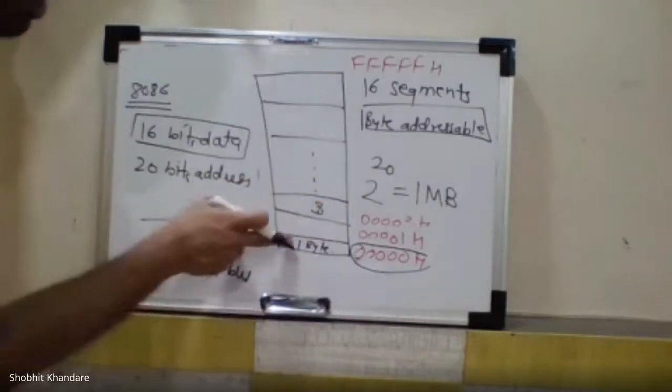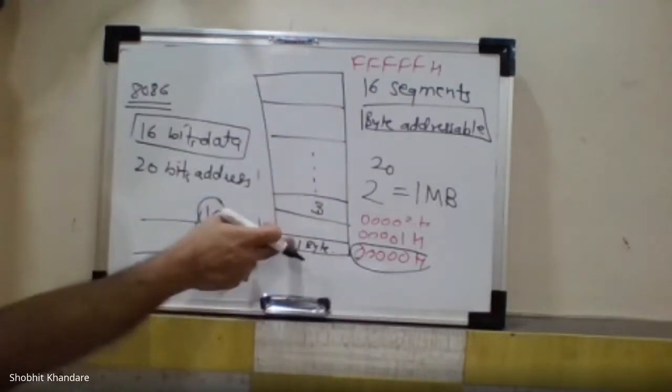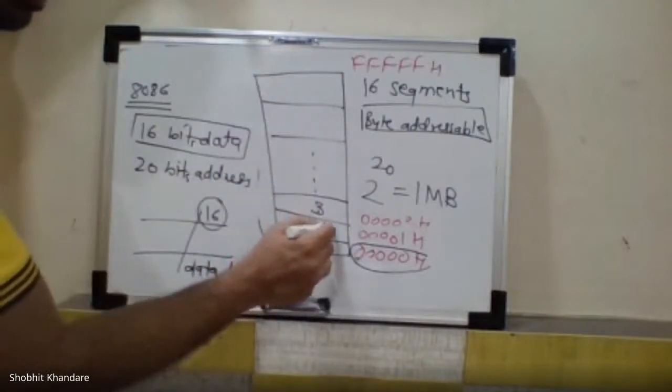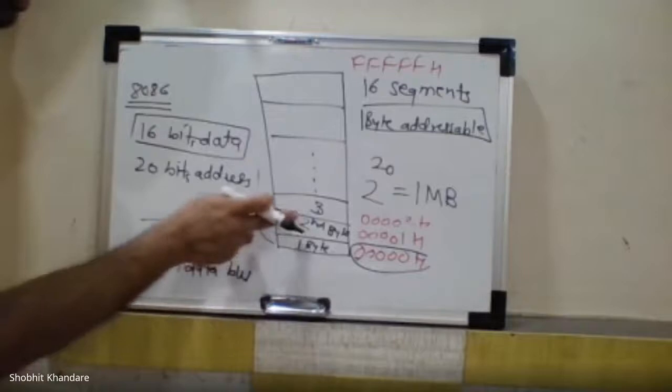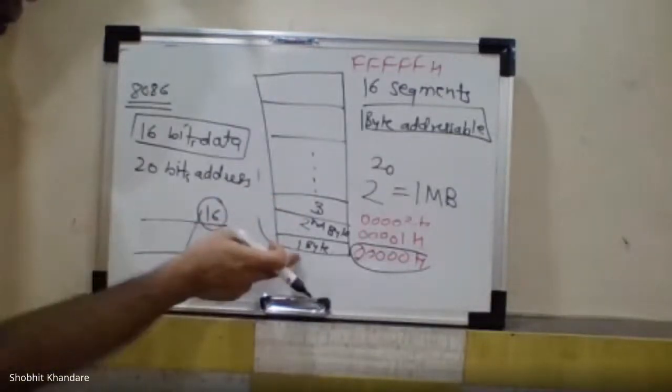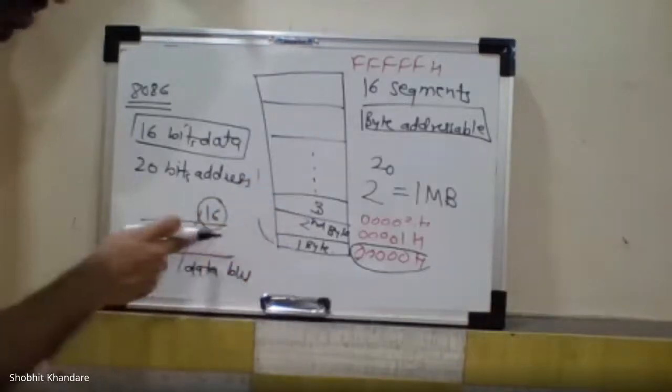The lower 8 bits, that is 1 byte, will be taken from here. Then the second byte is taken from the next location. First byte from here, second byte from here. So first byte plus second byte becomes 16 bits.